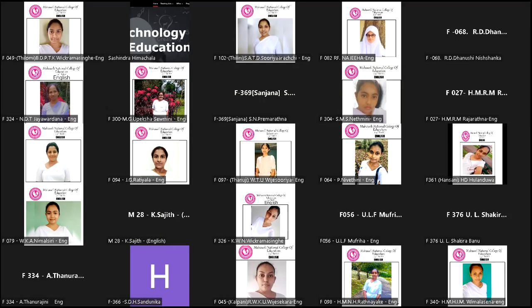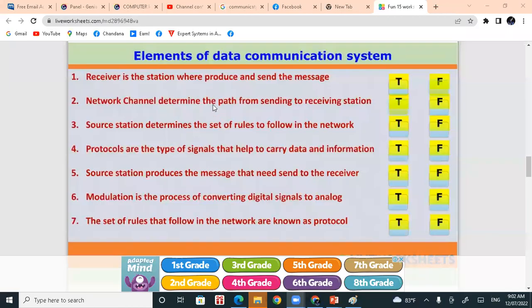Right. Okay, we are back to the lesson again. I had some internet problem, that is why I disconnected. Right, we are discussing the activity. The third question: source station determines the rules to follow in the network. True or false?